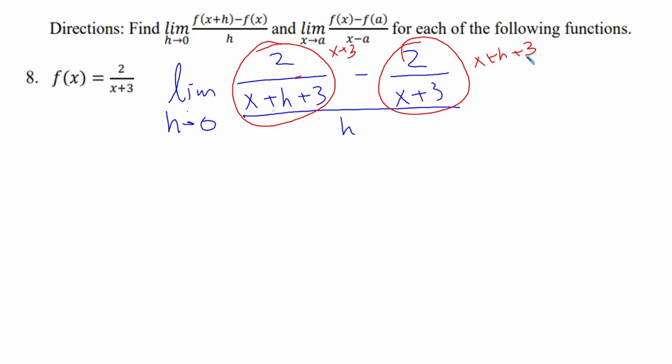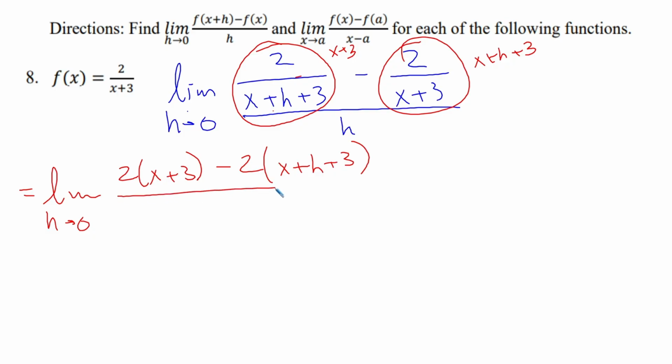And so we end up with a limit as h approaches 0 of 2 times x plus 3 minus 2 times x plus h plus 3 all over that new common denominator, which we were trying to get, which was x plus h plus 3 times x plus 3. And it was all over h, which, as we've seen a bunch of times, just kind of falls into our other denominator there.